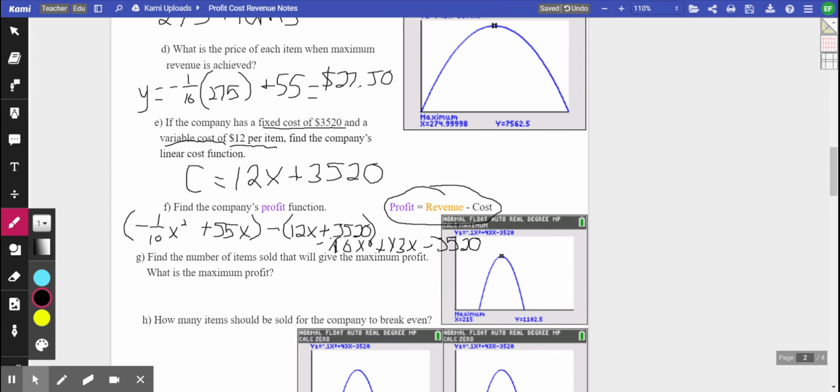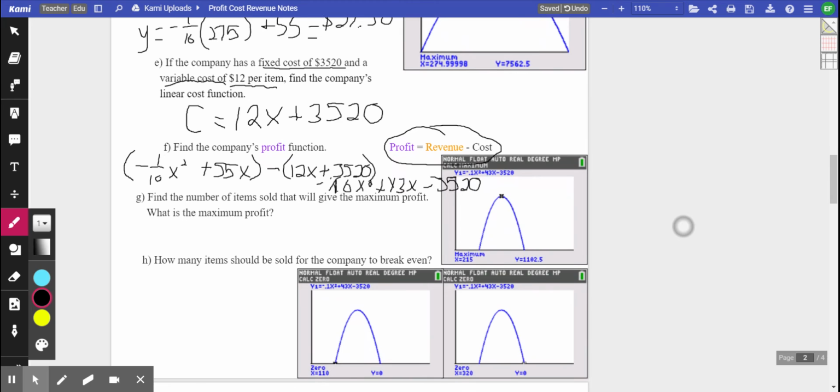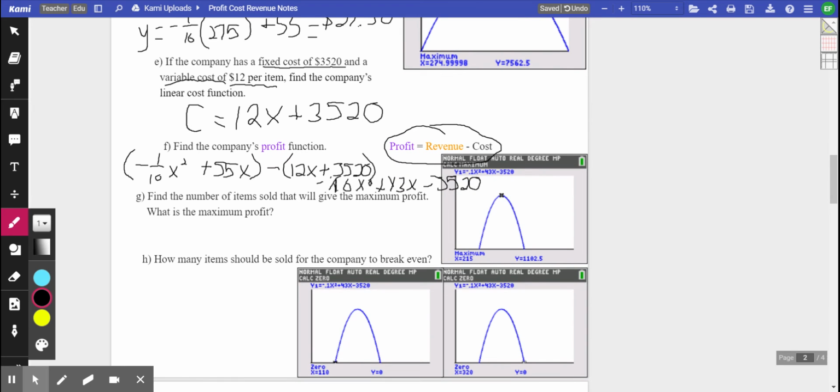So next step, we want to find the number of items sold that give the maximum profit. I'd gone ahead and plugged that profit function into my calculator. Again, I'm looking to maximize profit, so I calculated my vertex, my maximum. Then it's just a matter of translating what it means. My maximum is located at 215, 1102 and a half.